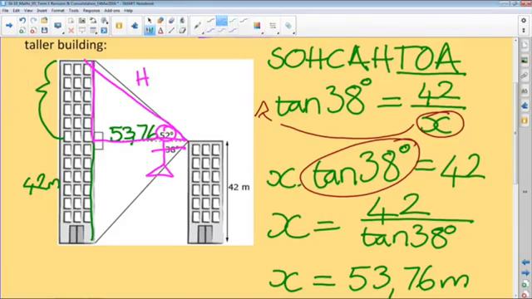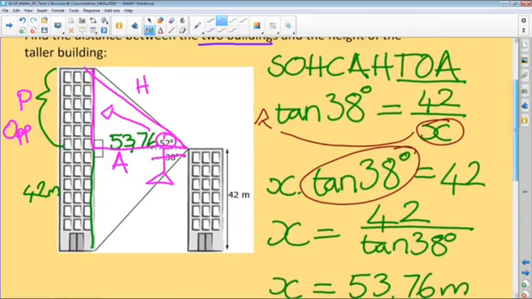Let's call it P. Okay, P in relation to me is opposite. And the 53,76 is adjacent. So that means in the trig ratios, I'm going to use tan again.